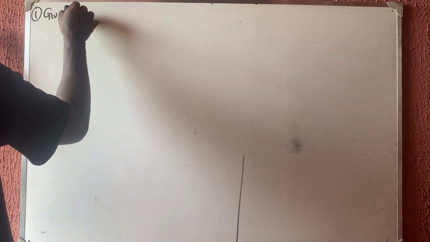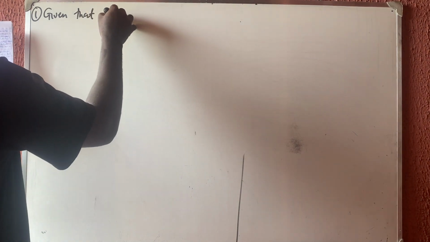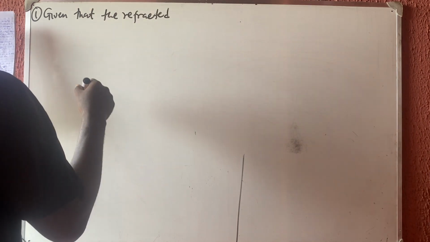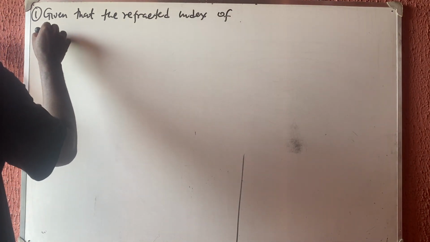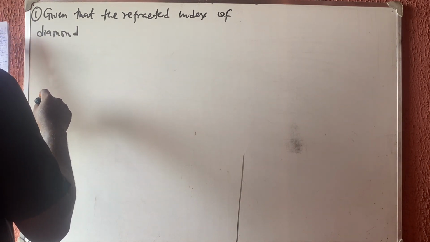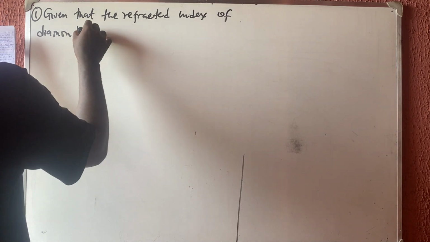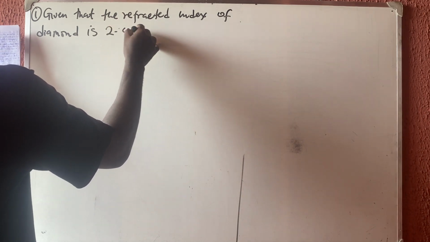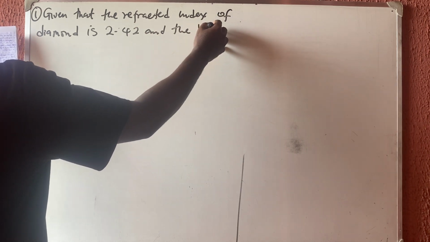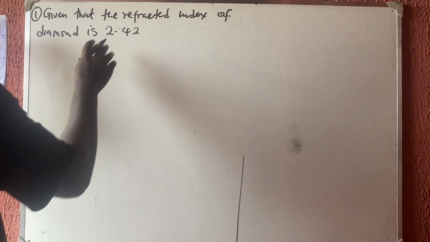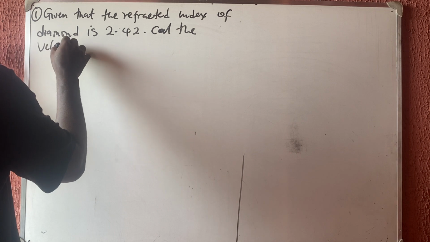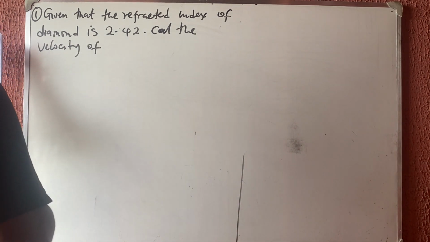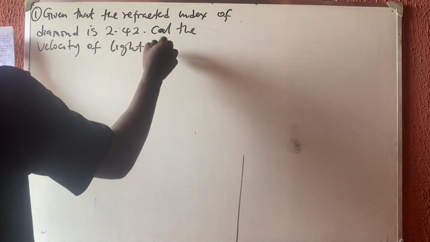Question number one said, given that the refractive index of diamond is 2.42, calculate the velocity of light in diamond.